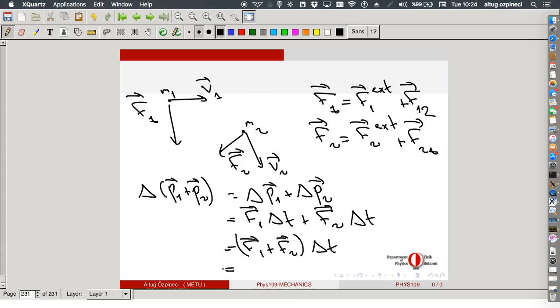Now if we sum these two forces, keep in mind that we have Newton's third law. This time Newton's third law just relates these two internal forces, not the external forces. We don't know what the external forces are. But these two are forces pointing in opposite directions with the same magnitude. So if I sum these two, it gives me 0. What is left is only the external forces.